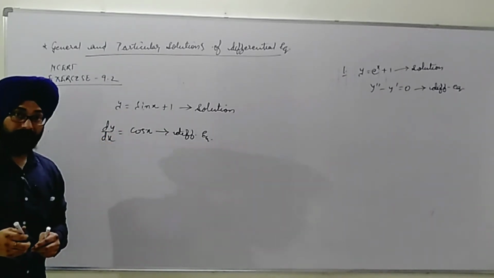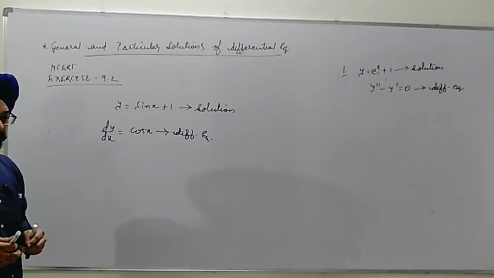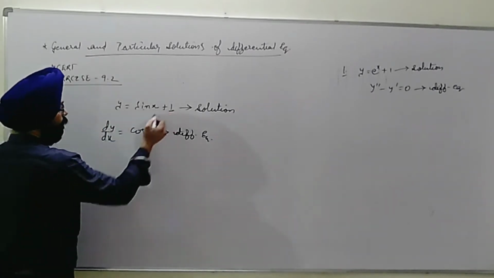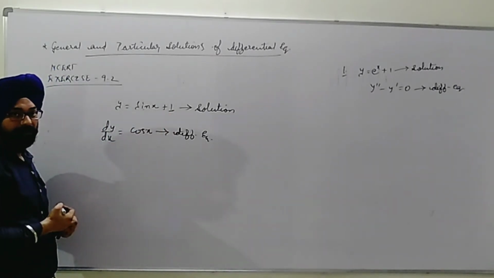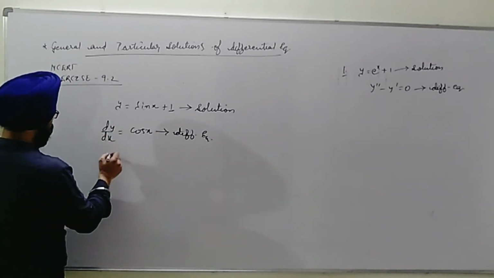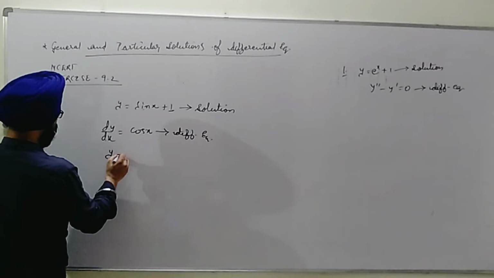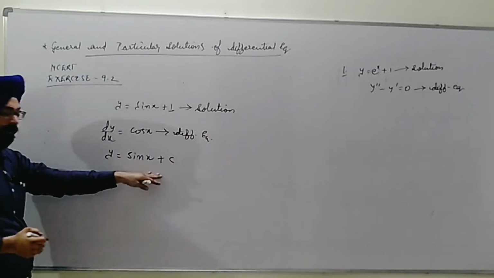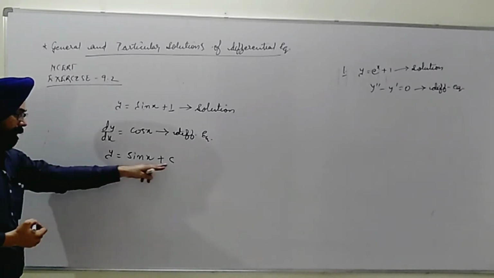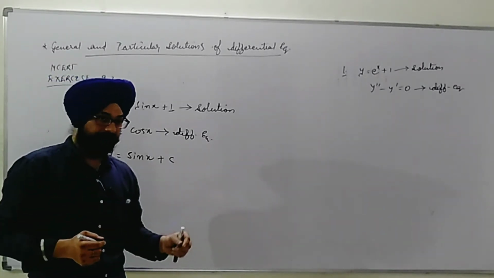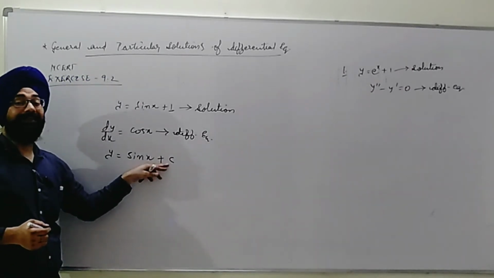But we have seen in the case of integration also, if we are finding the antiderivative of a function, then this constant may vary with the situation. Suppose an equation is given as y equal to sin x plus c. This c is a constant, which if you remember we get in the case of integration.